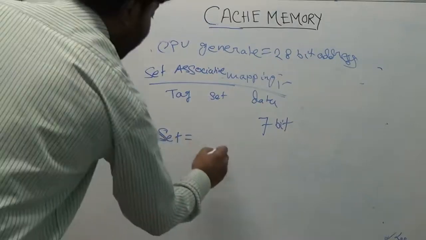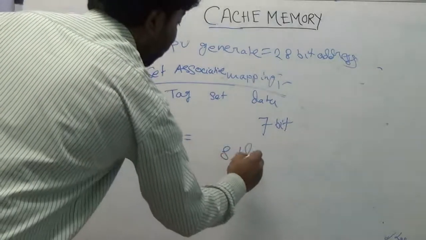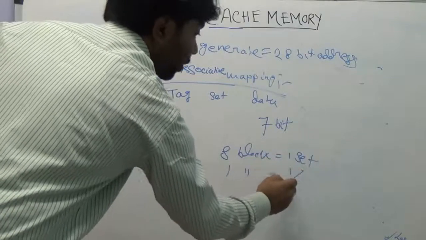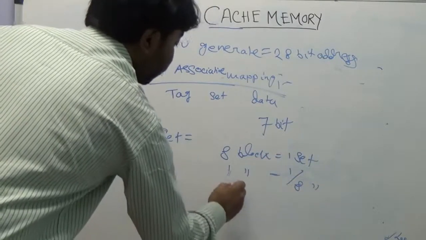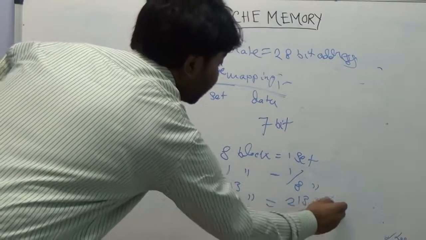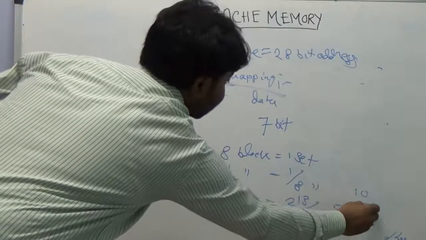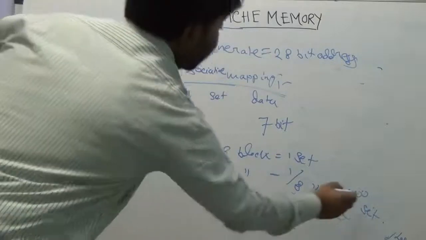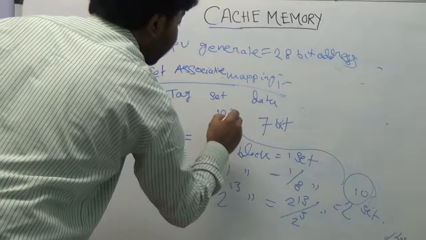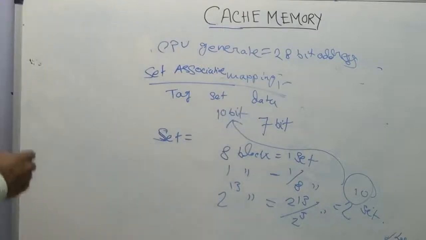From the given problem, we know that 8 blocks equal 1 set. So there are 2 to the power 13 blocks, so 2 to the power 13 by 2 to the power 3, that means 2 to the power 10 sets are present in the cache memory. So from 2 to the power 10 we get the value 10 bit.